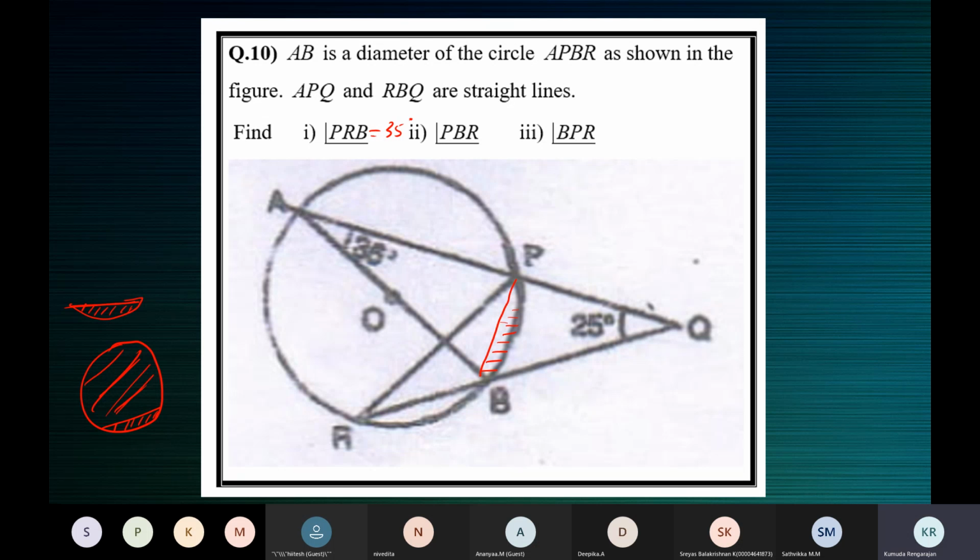BPQ, it's out of the circle. All right. BP, ma'am. Sorry, ma'am. Name the angle in the semicircle.